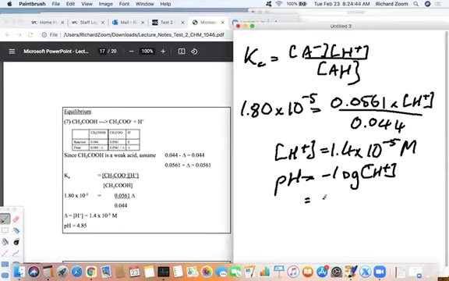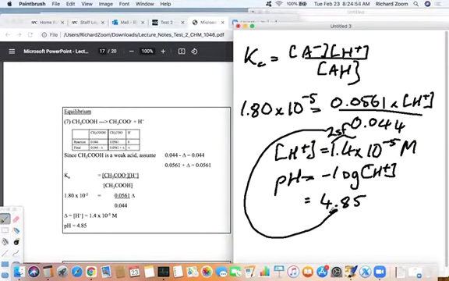And that's going to be 4.85. And this has two significant figures, which translates to 2 decimal places at the end. So that's why we get 4.85 when we finish the math on that.